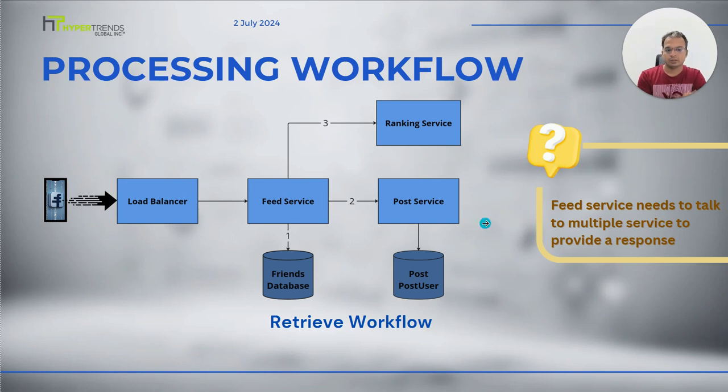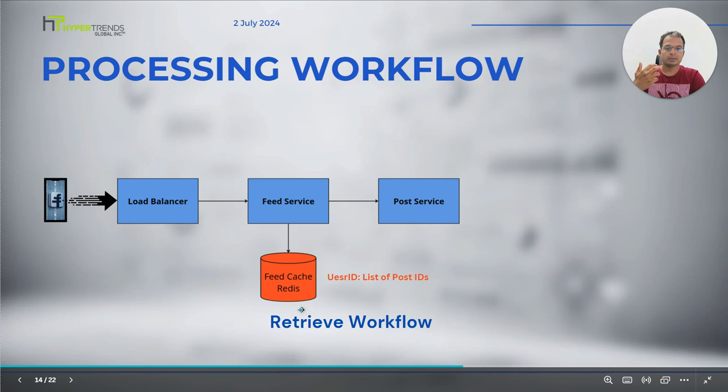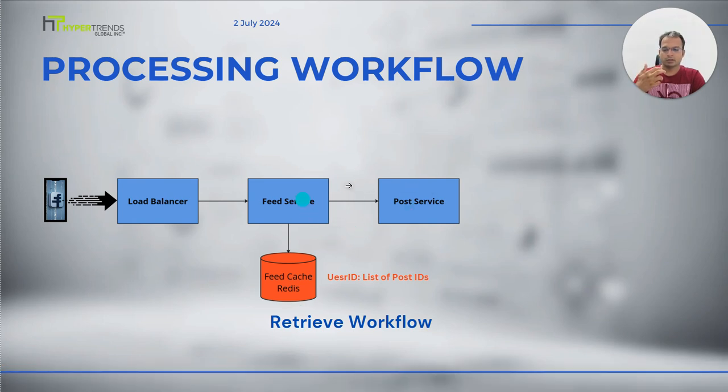So what is the solution then? Can you imagine the solution? The solution is very effective and simple. Let's simplify that complex retrieval to this. We have the load balancer, we have the feed service, and that feed service will talk to the cache database, an in-memory database, whether it be Redis or any other in-memory database you take. It will again talk to the post service when and where needed.